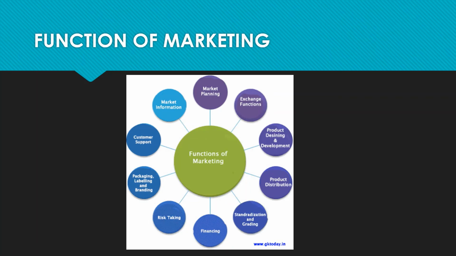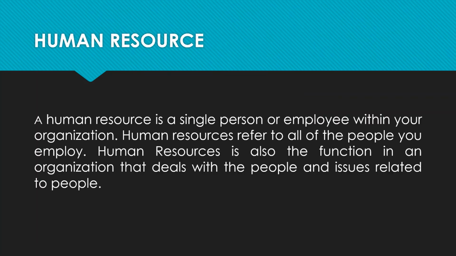Next comes HR. What do you mean by human resource? Human resource is a single person or employee within your organization. They are the employees of your organization, any individual employee or single person of your organization.